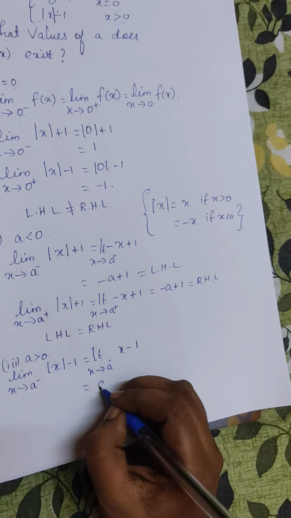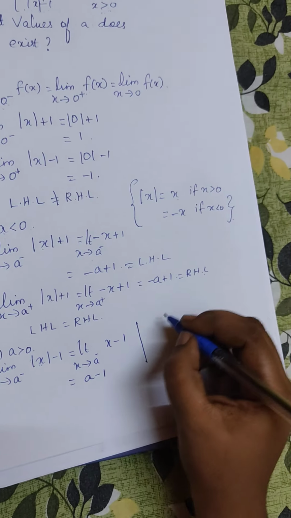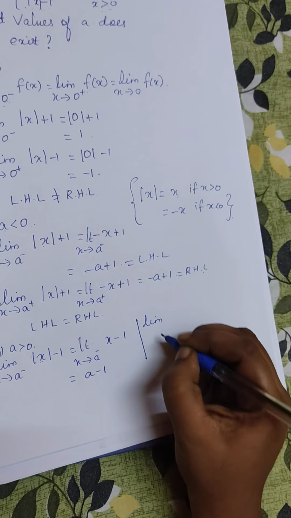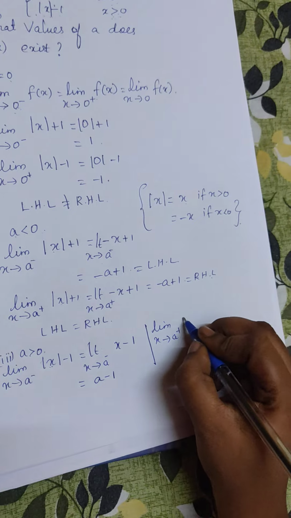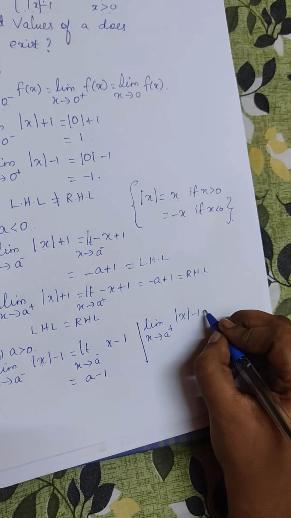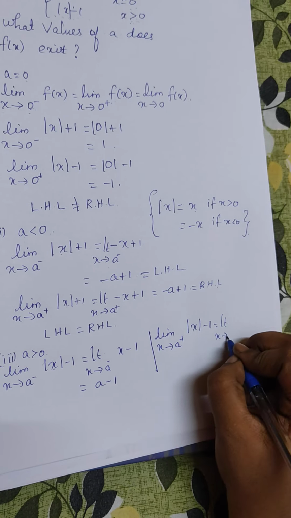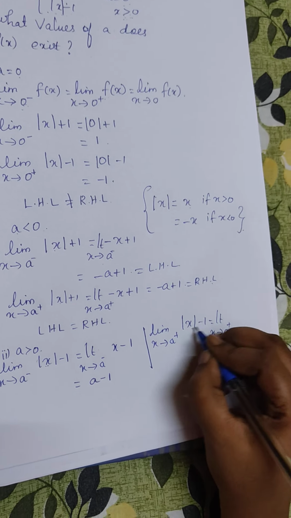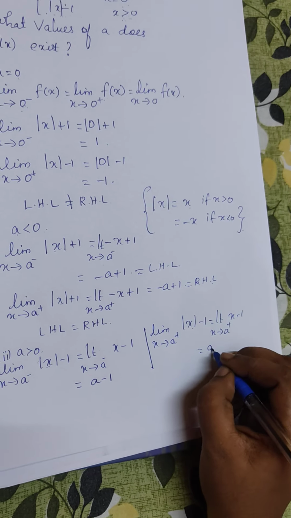Substituting x as a, we are getting a minus 1. For the right-hand limit, limit x tends to a plus, again we are taking the same mod x minus 1. After applying the definition, x minus 1, we are getting a minus 1.